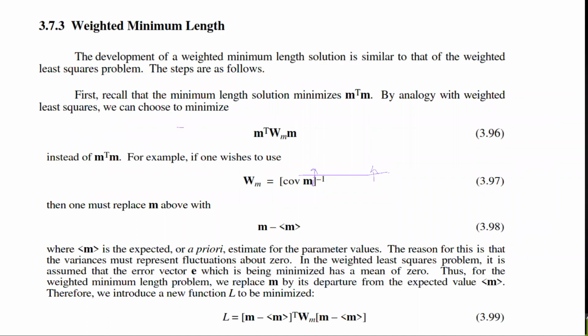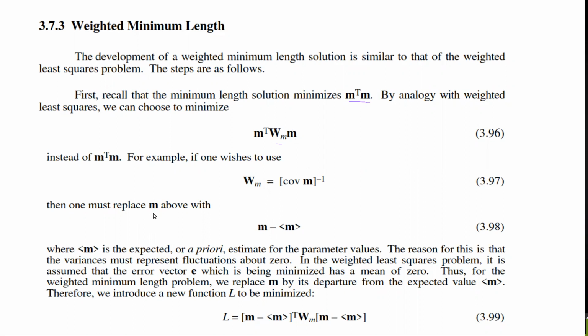Okay, and we can do the same thing for the minimum length solution. So instead of minimizing M transpose M, we choose to minimize M transpose times some weighting matrix WM times M, where in this case WM is the covariance of the model parameters. It's defined in the same sense.